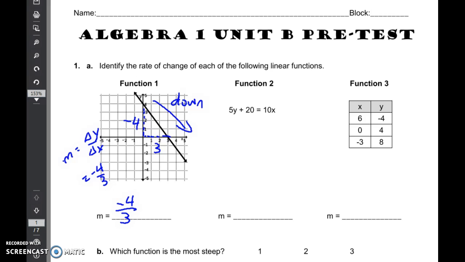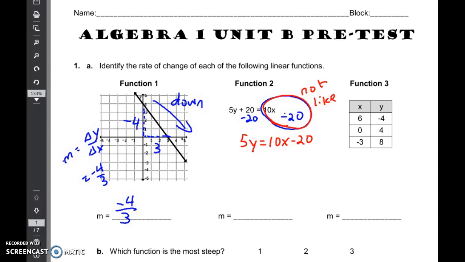On function 2, we need to solve for y, so we're going to subtract 20 from each side. These are not like terms. There's some people that continue to make this mistake. They do not combine. So this is just 5y equals 10x minus 20.